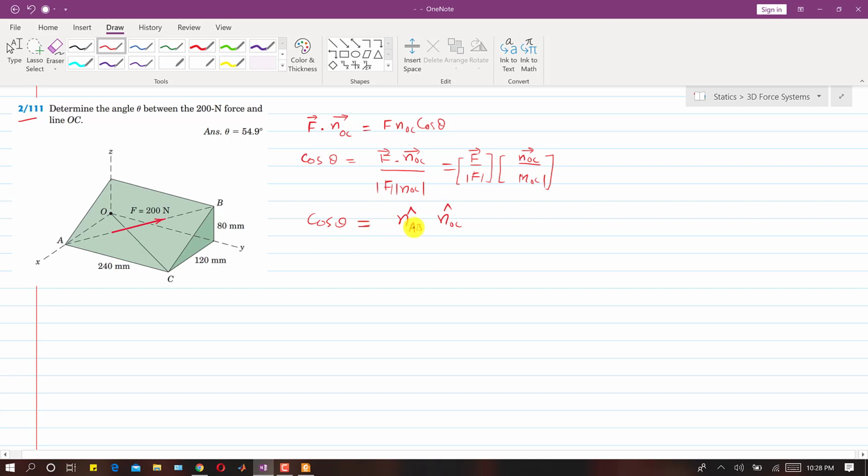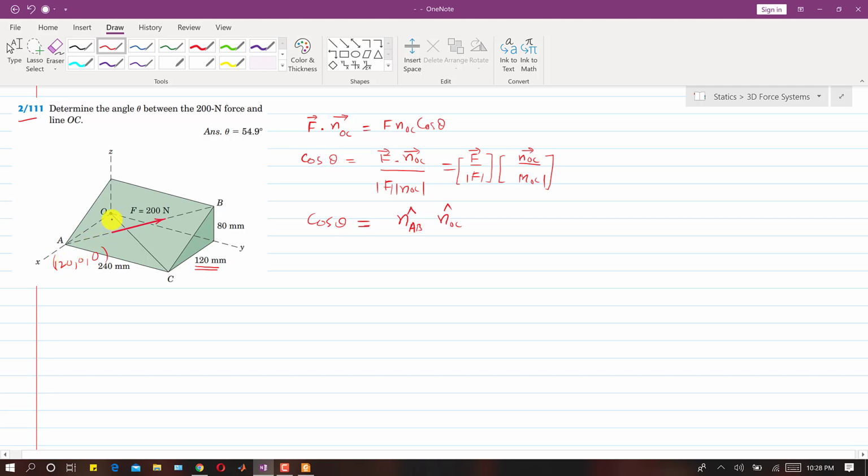So now first we will find the force unit vector. For that we will find the coordinates of point A and point B. Since point A is on the x-axis, we only travel 120 mm along x, so it will be 120 and the remaining two coordinates are 0.